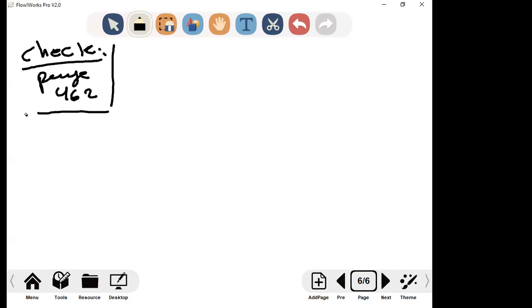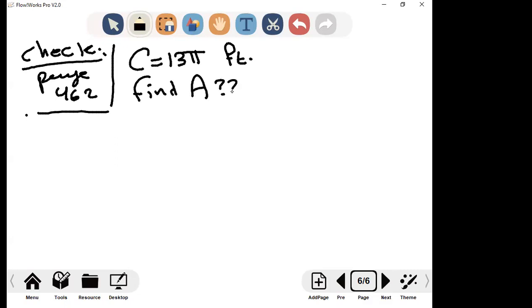The check says the exact circumference of a circle is 13 pi feet. C equals what? 13 pi feet. Find the area, right?